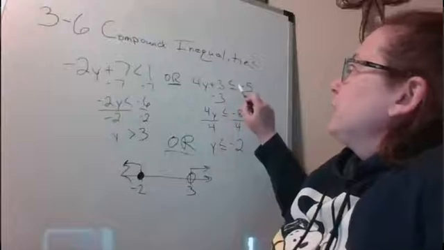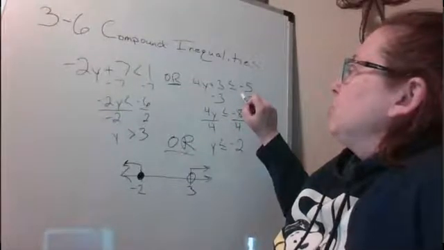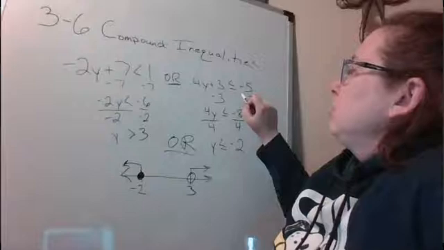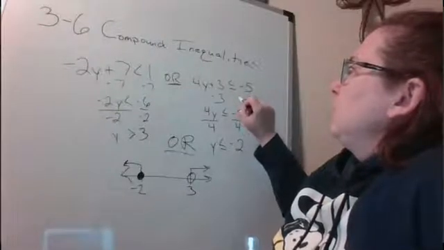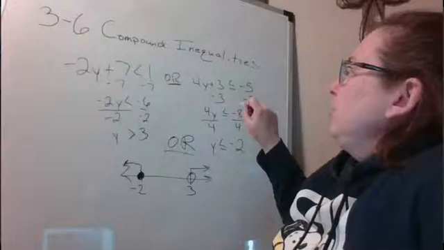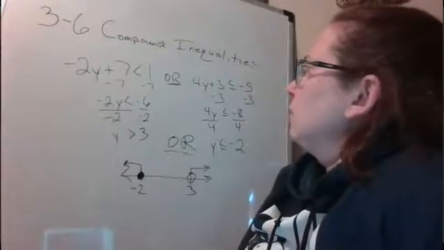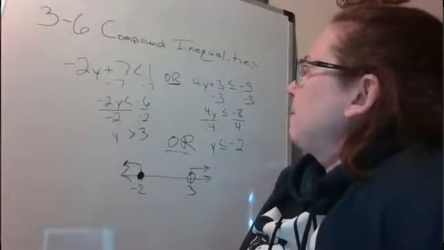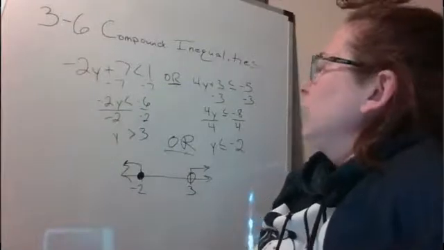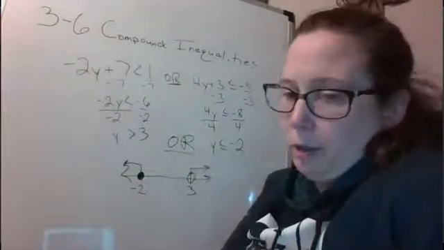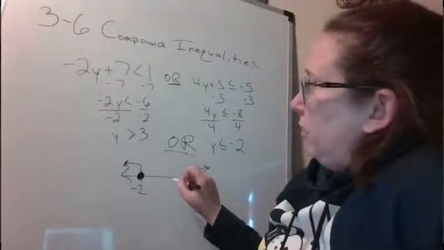So 3 is less than or equal to -5. That does not work. Oh, this one did not work either. We're good. That should not have worked in either.